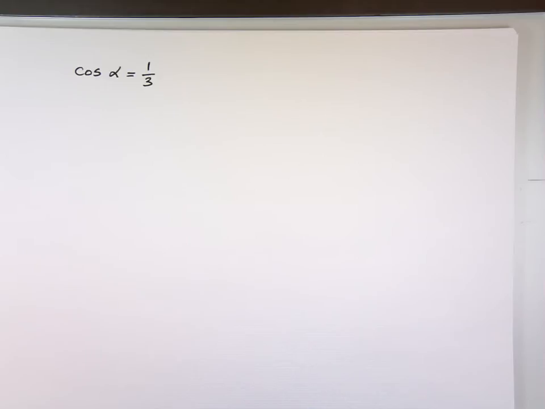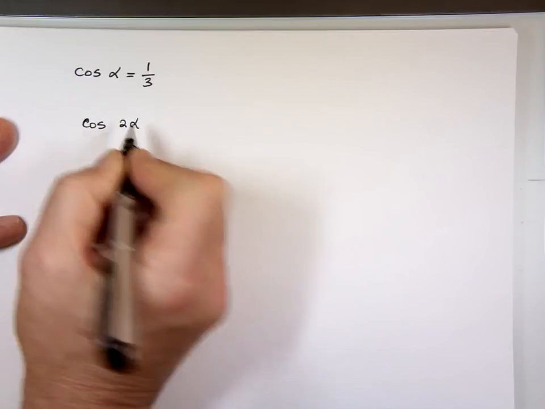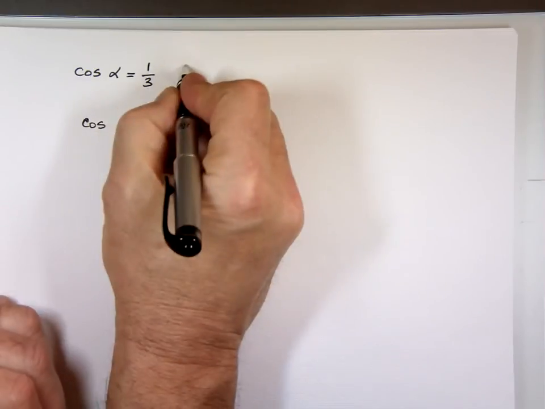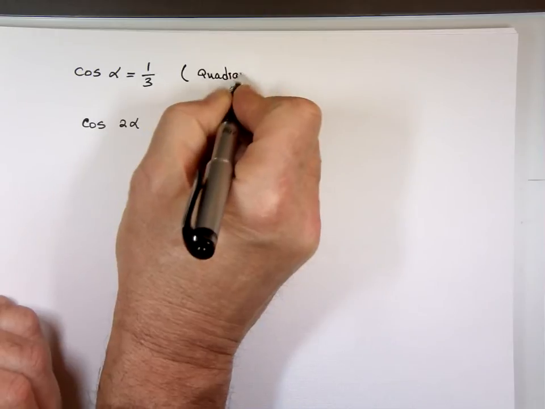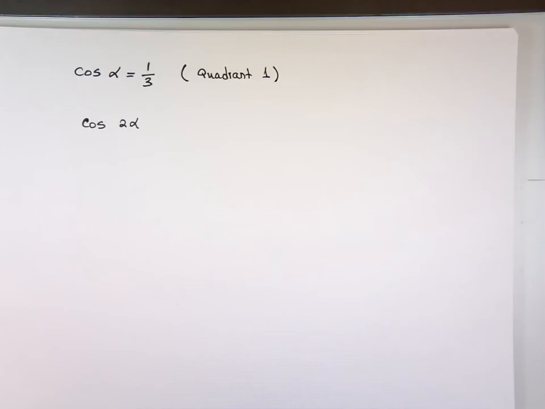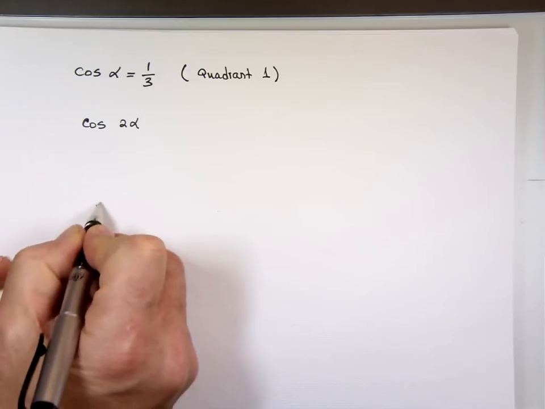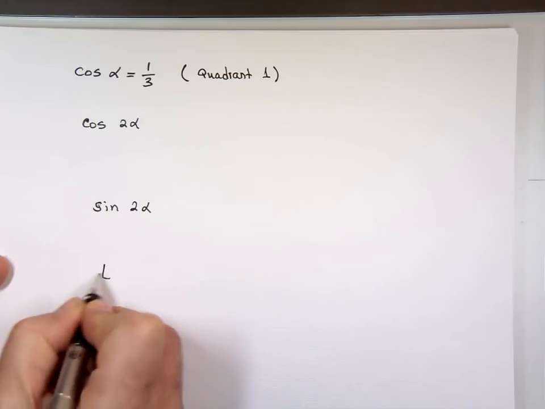The question now: can you tell me what cosine 2 alpha is equal to? And let's assume we are in quadrant 1. And can you tell me what is sine 2 alpha, and what is tangent 2 alpha?